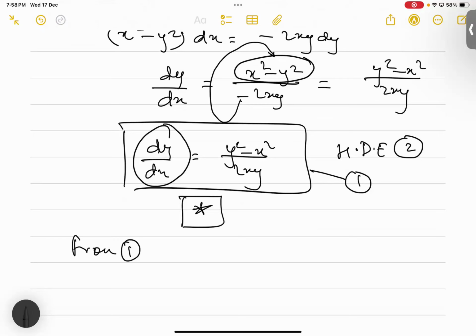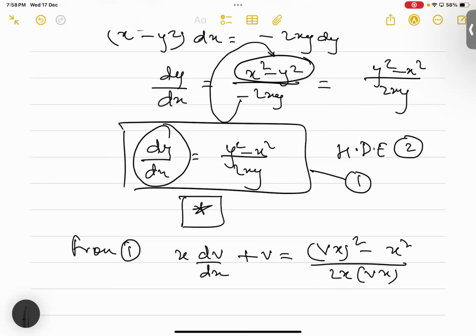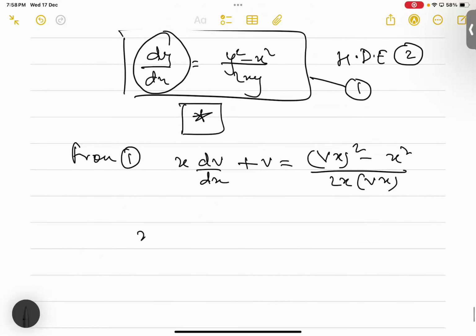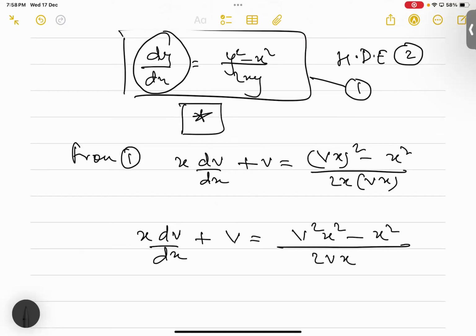what is dy by dx? X dv by dx plus v. What is y? Vx. Okay. V square x square minus x square, 2vx square.